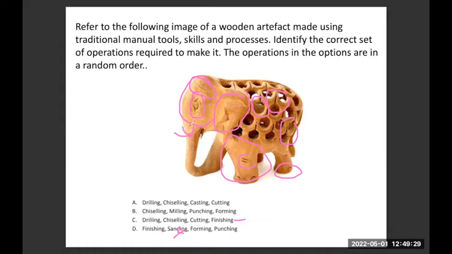So not for this particular answer, but for any answer, if you want to negate this process, then you have to look for these clues of roughness and the chisel marks or drilling marks. That's where one can say, okay, no, sanding is not involved. Or even marks like this.